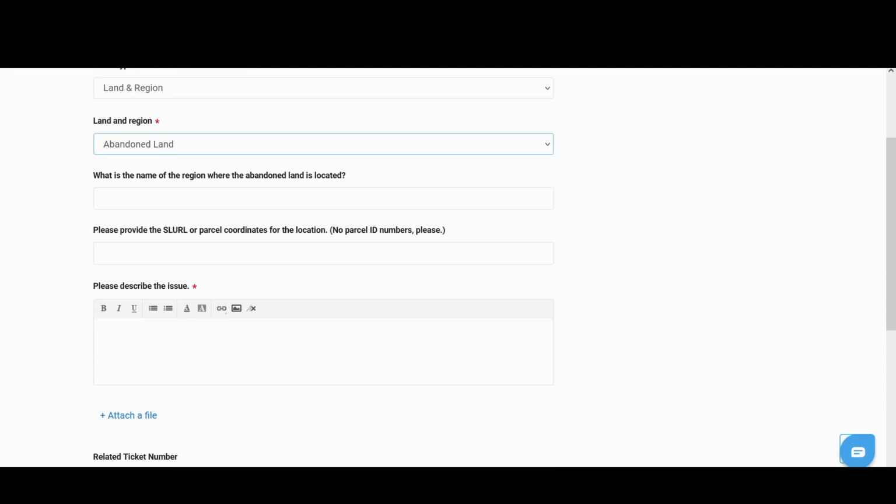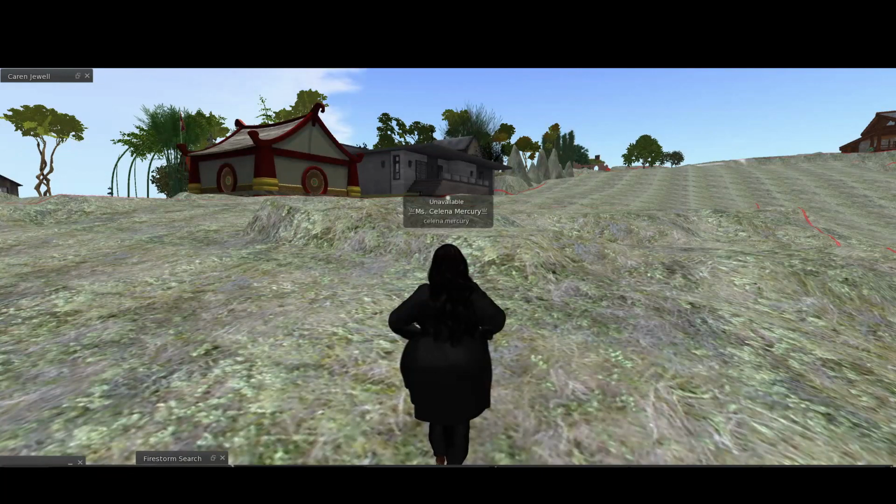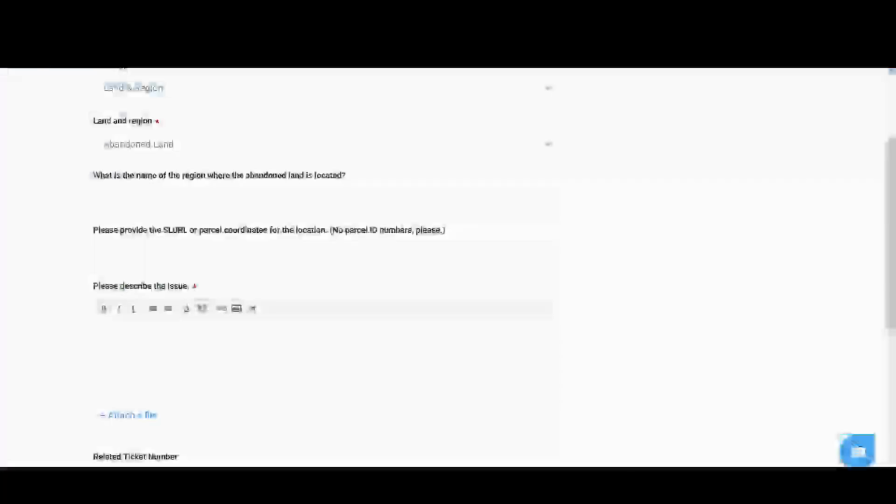You are going to be asked what is the name of the region. In this case, it is Cilix. So I would put Cilix right here.